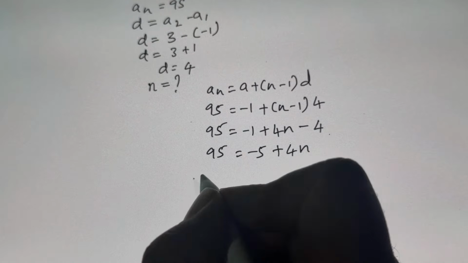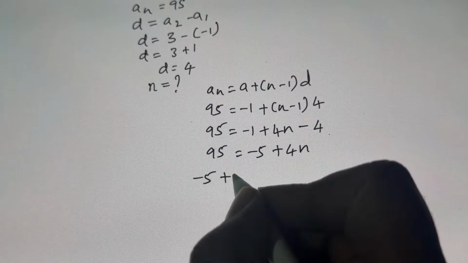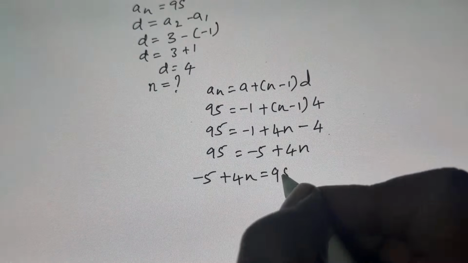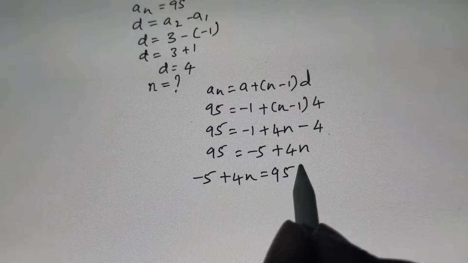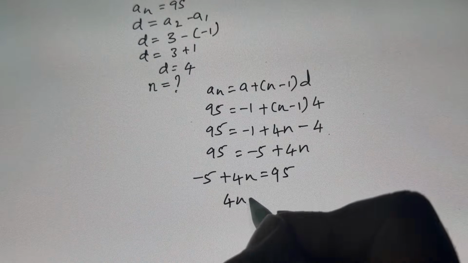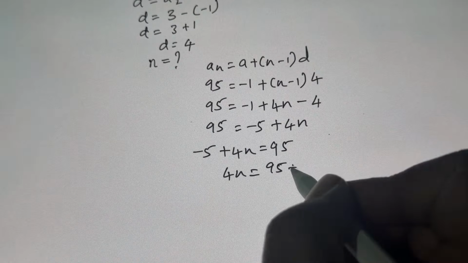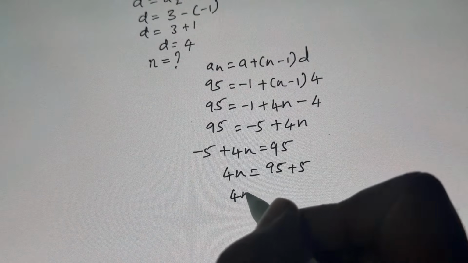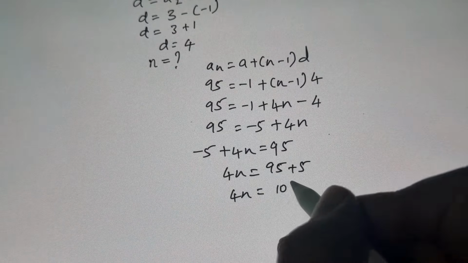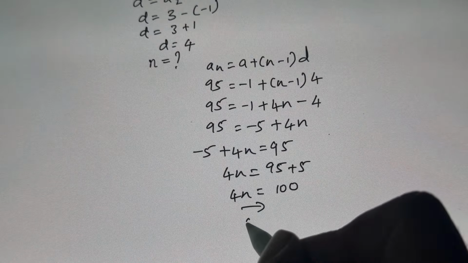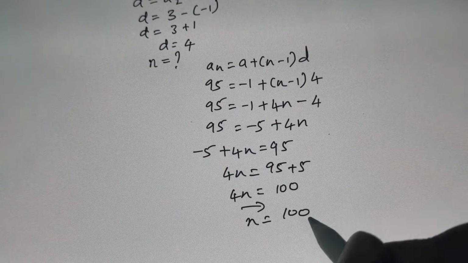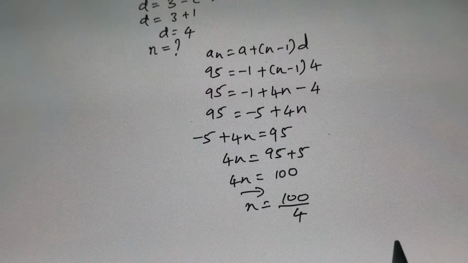So -5 plus 4n equals 95. Shift minus 5 to the right side. 4n equals 95 plus 5. 4n equals 100. Cross multiply, n equals 100 by 4. Here you have to divide.